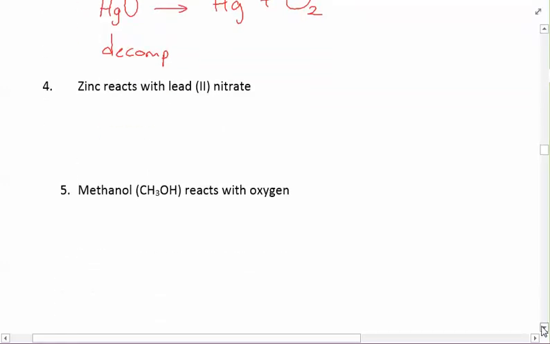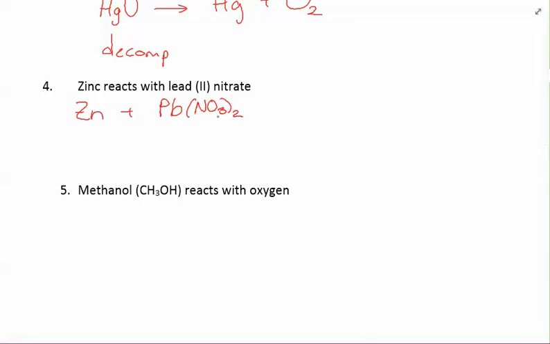Next up, we have zinc reacting with lead 2 nitrate, which is Pb(NO3)2. So this 2 is balancing the nitrate's charge with the lead. The 3 is what makes it nitrate. So nitrate, NO3, is a polyatomic ion that we're kind of used to seeing.